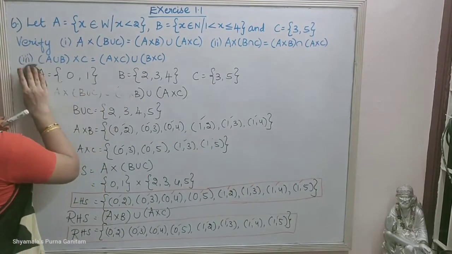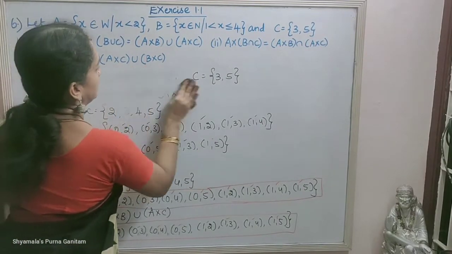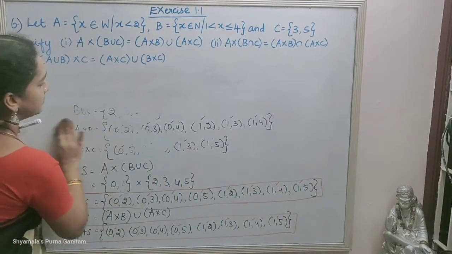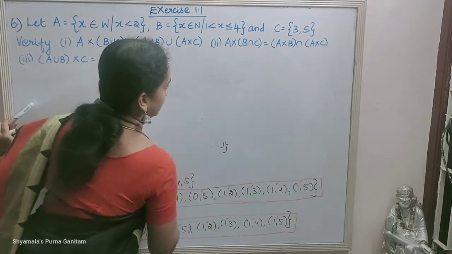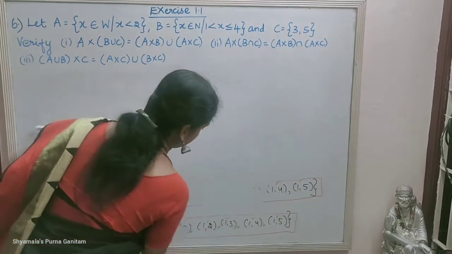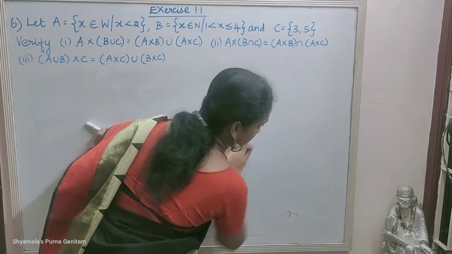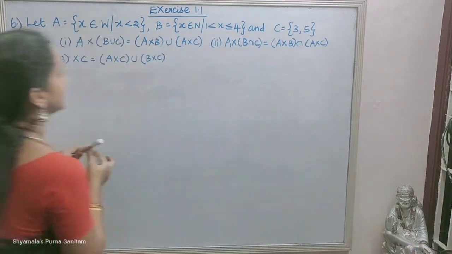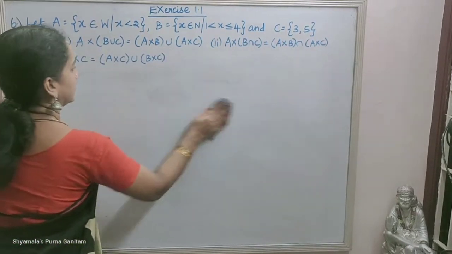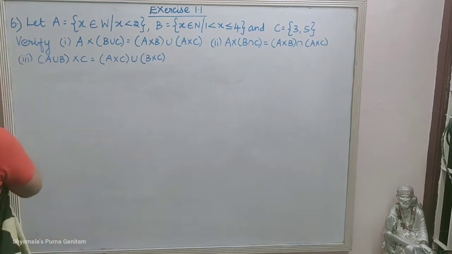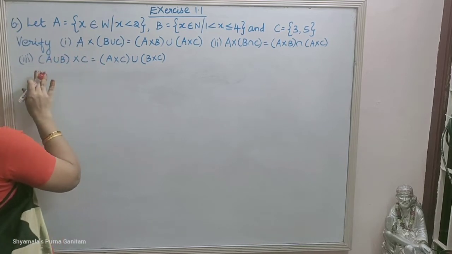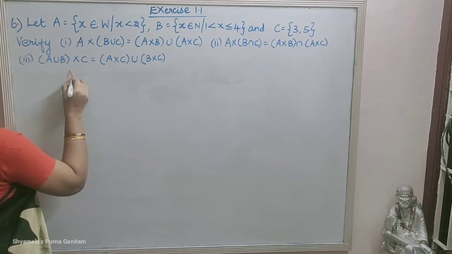So the next sum is A cross (B intersection C). So for the second sum we should have A and the other sets, so we will write that A again.